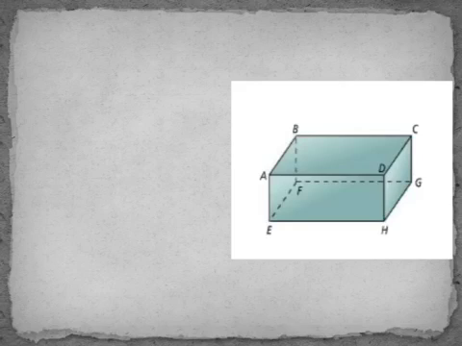So looking at this diagram, let's just name a few things. So this is a rectangular prism. So we're assuming a few things here. We're assuming that opposite sides are parallel. So this goes for all opposite sides, no matter what planes you're talking about.